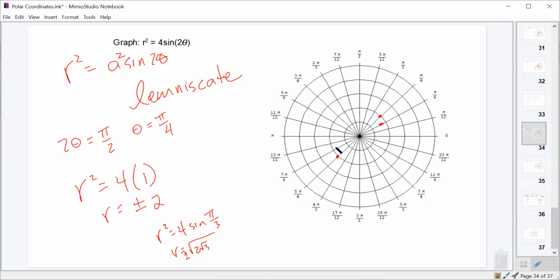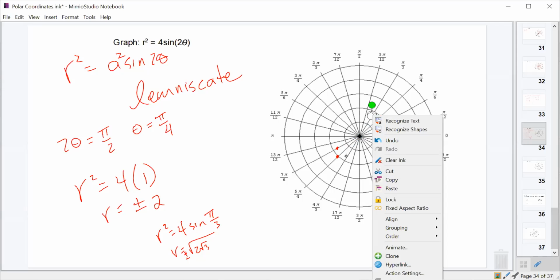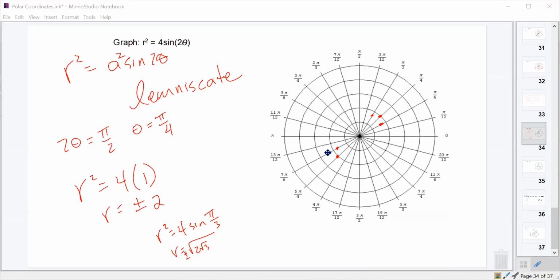So at pi over 6, we're going to be there. Plus, we're going to do the same thing coming out the other direction, and a lemniscus will always be symmetric. So at pi over 3, it's going to be the same. And then let's do one more. Let's do pi over 12. If we do pi over 12, we get r squared equals 4 sine pi over 6, which tells me that r is plus or minus root 2, right?